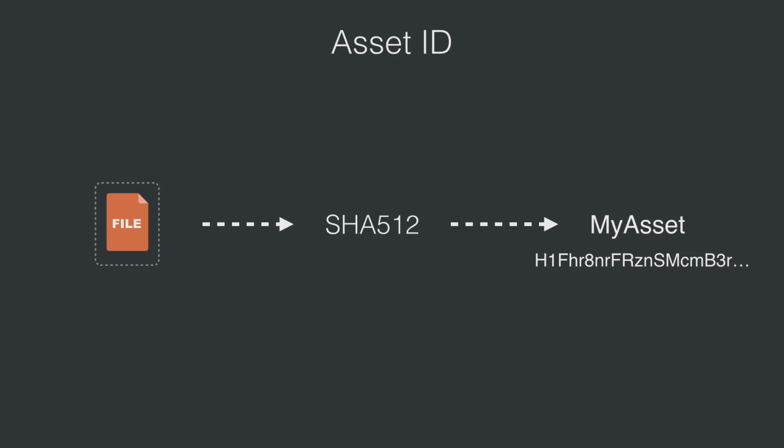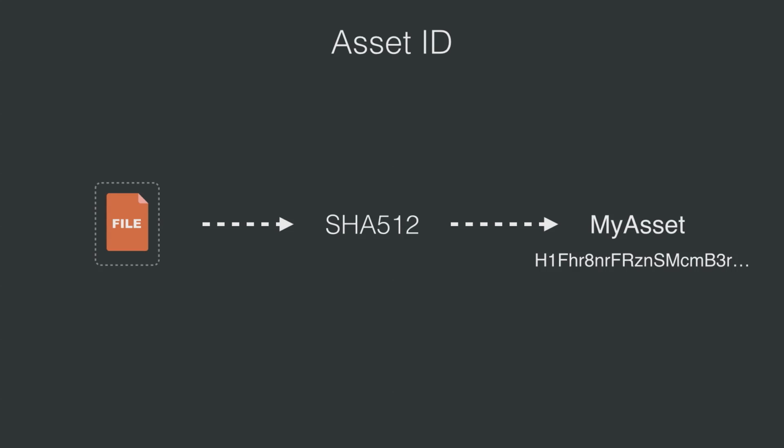So that string is the unique asset identifier for any asset. Everybody on the planet will compute that ID exactly the same way. If you're on set, you'll compute it the same way as maybe 10 years later somebody in archive would compute it, right? It doesn't matter in time or space. It doesn't matter if you agree on it in advance or not. It will always compute to the same thing.